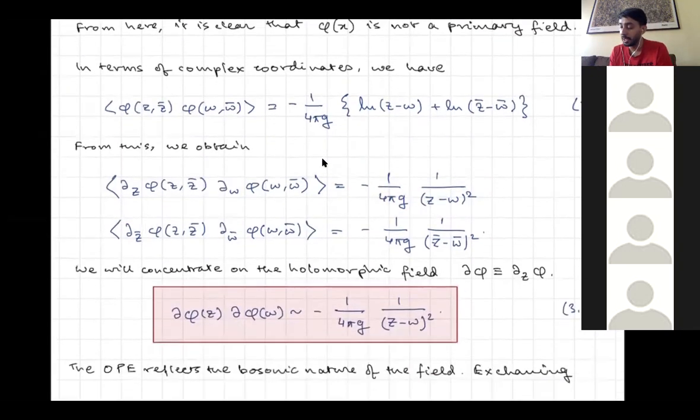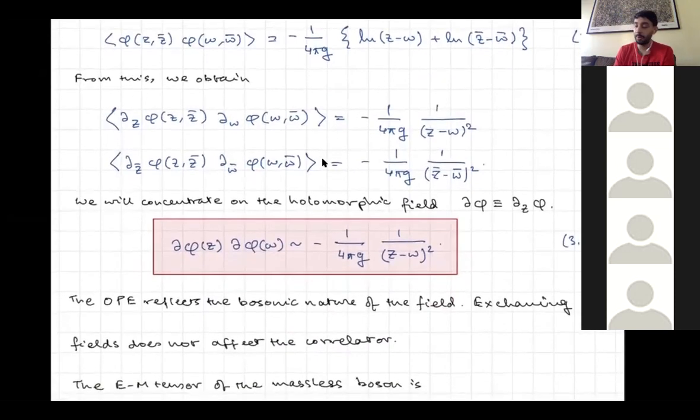But for the moment, what you need to keep in mind through all of this analysis is that when you're looking at this 2-point function, if you look at an OPE of a del phi with a del phi, what you get is a 1 over (z minus omega) squared piece. Also notice that this is (z minus omega) squared here, so there's a factor of 2.